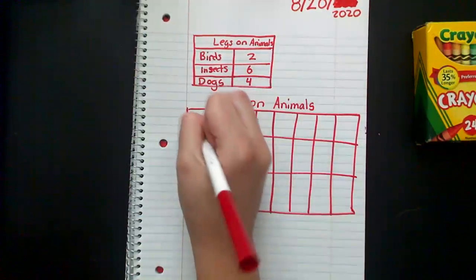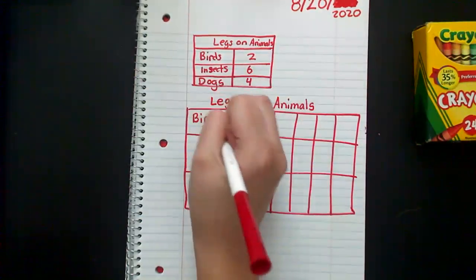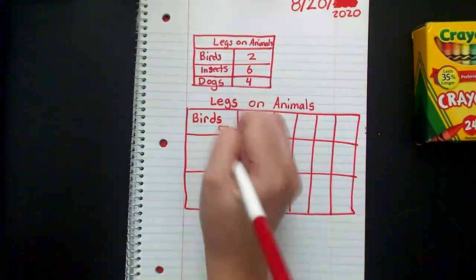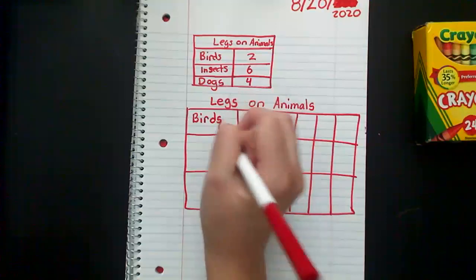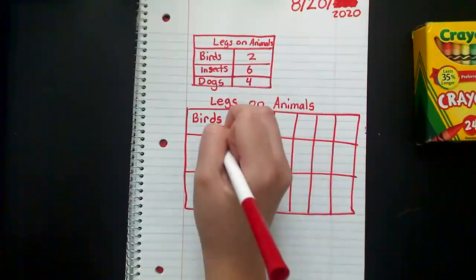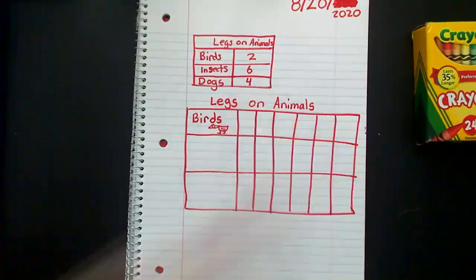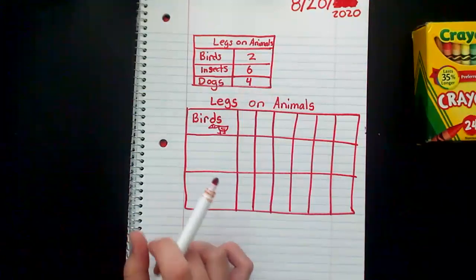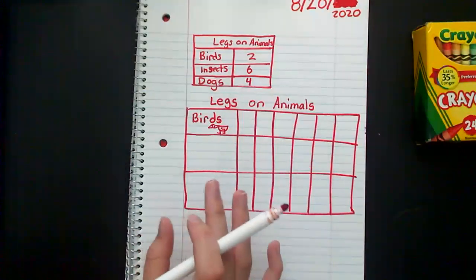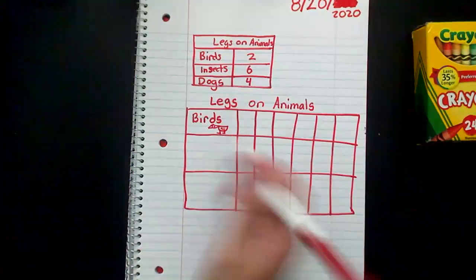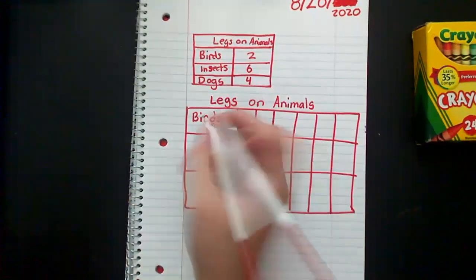So we have birds, and I'm going to do a little bird. Now, granted, it's not going to be perfect, but I tried my best. That's what I tell students, is just try your best. It's okay if it's not perfect, but as long as you try your best, it'll all work out in the end. So birds, and then we do insects.